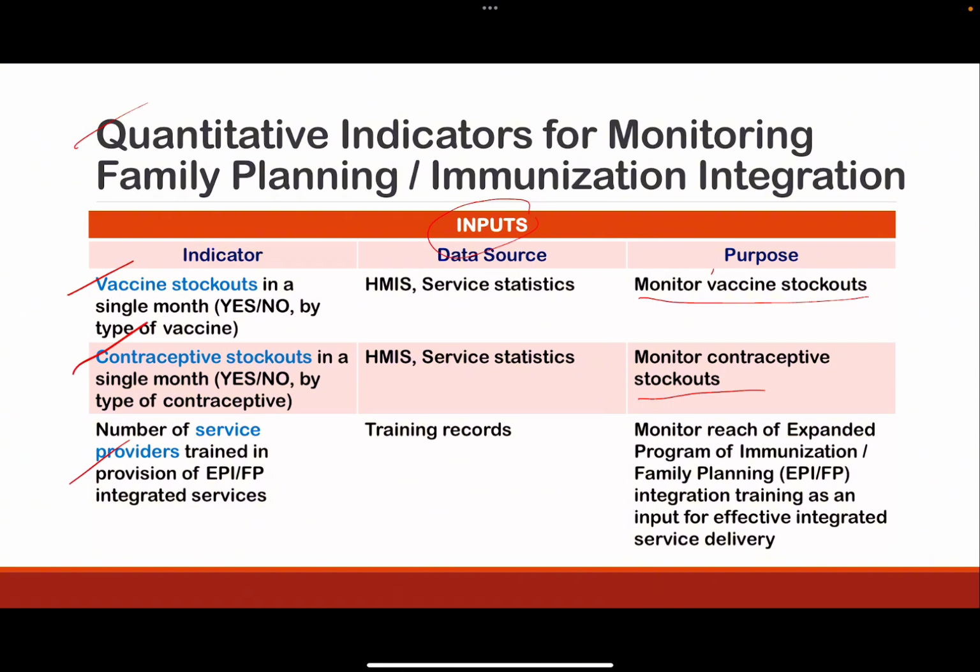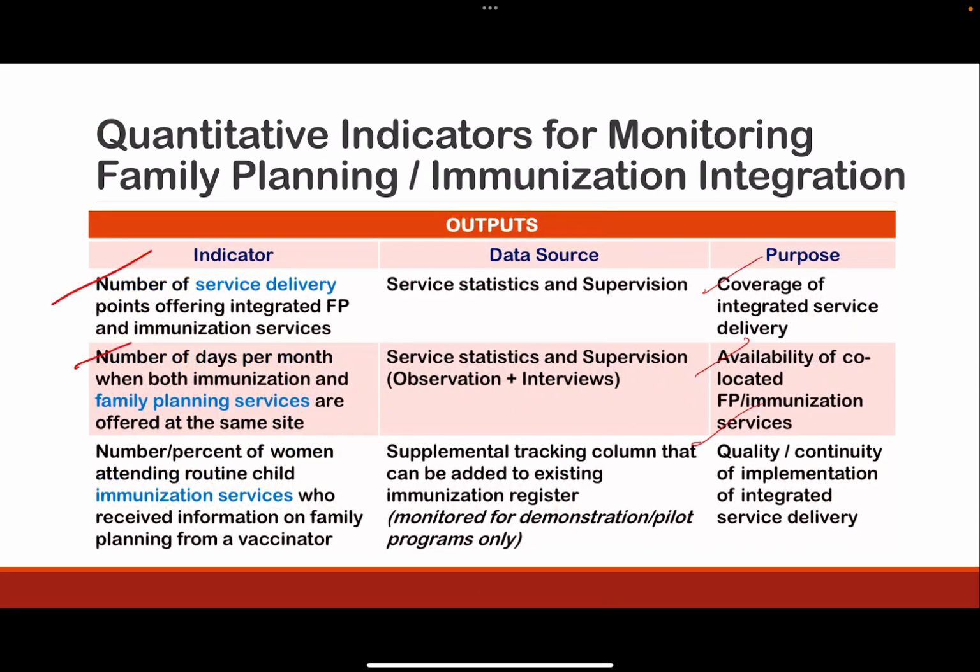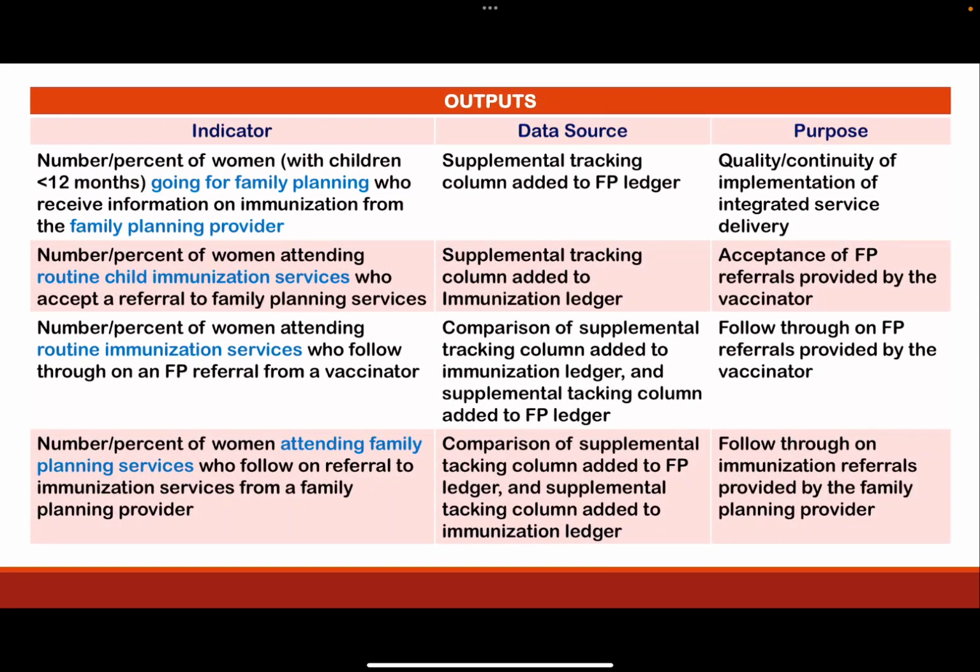So inputs, it's all about the resources, human resources or material resources. Output naman, it's all about what is given out or being produced. So, dito na po papasok yung mga service delivery or services. Yan, mga keywords yan. Ito pa, family planning provider, routine child immunization services, attending family planning services, and its purpose.